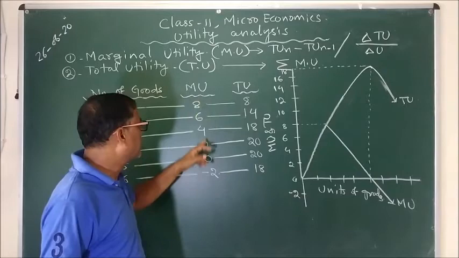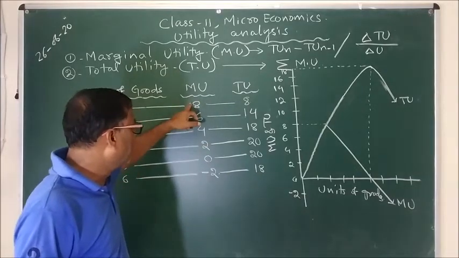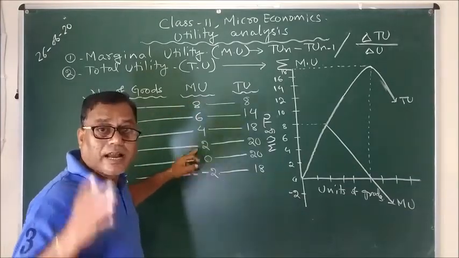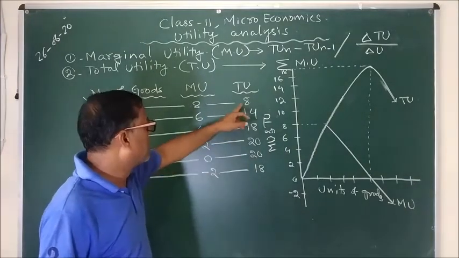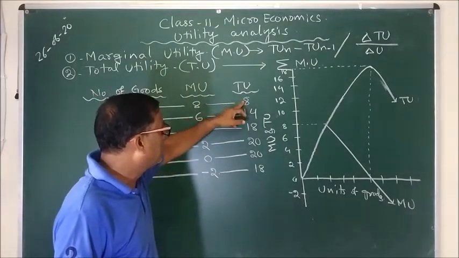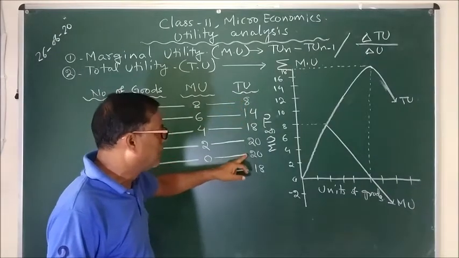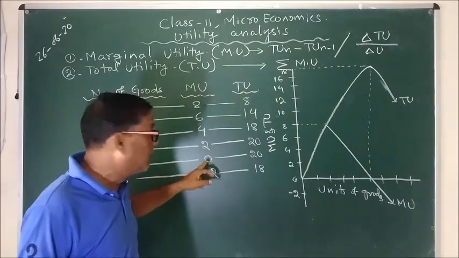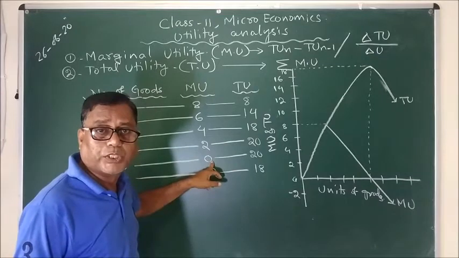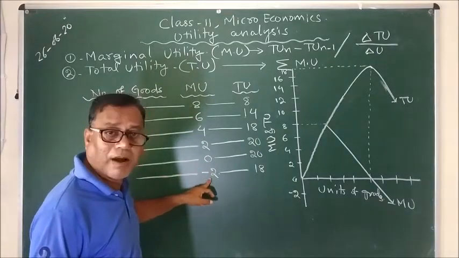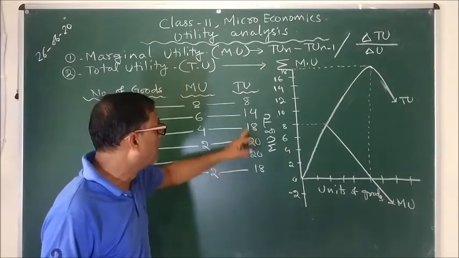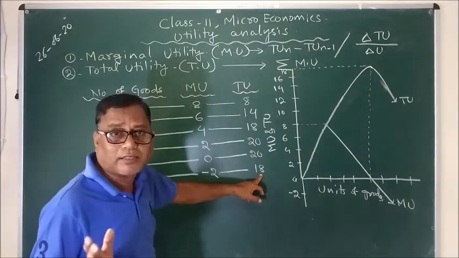So we can see that marginal utility diminishes, it can become zero, and it can become negative. Total utility goes on increasing till marginal utility falls to zero. After that, when marginal utility becomes negative, the total utility starts falling.